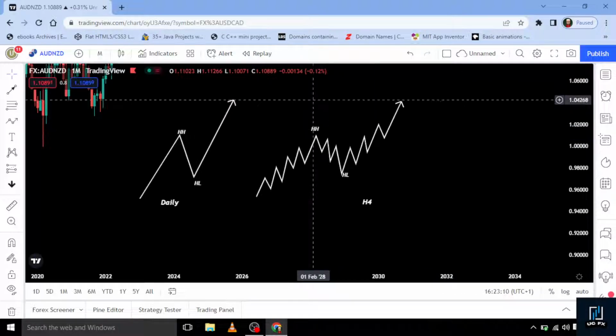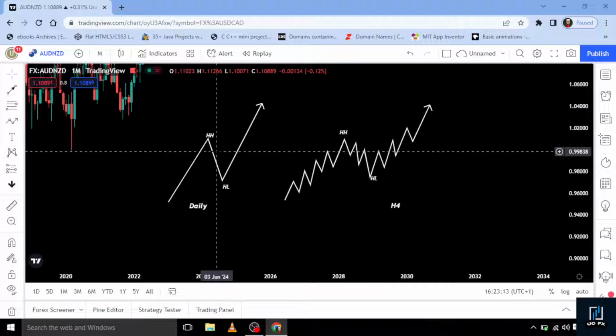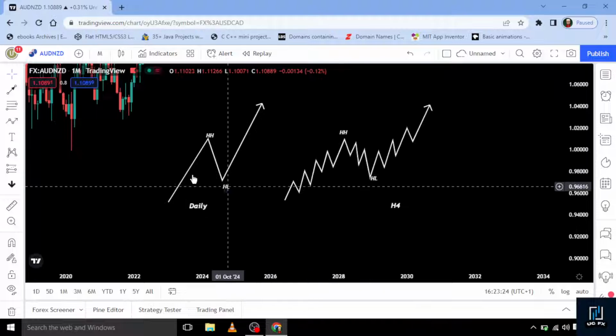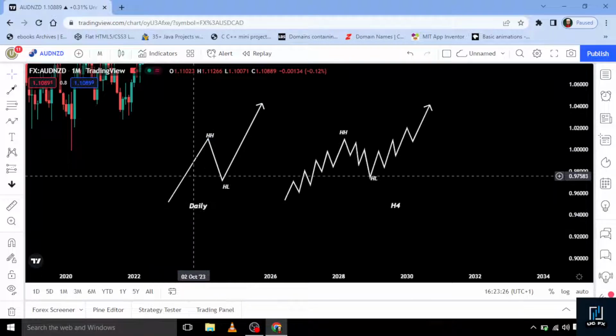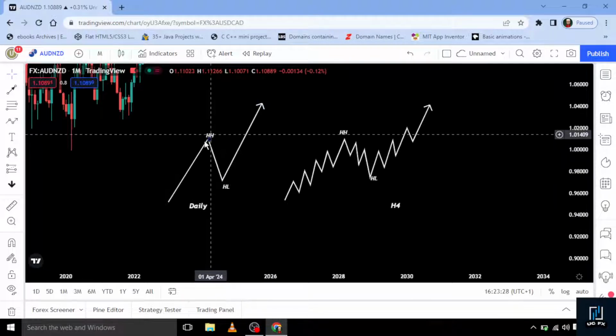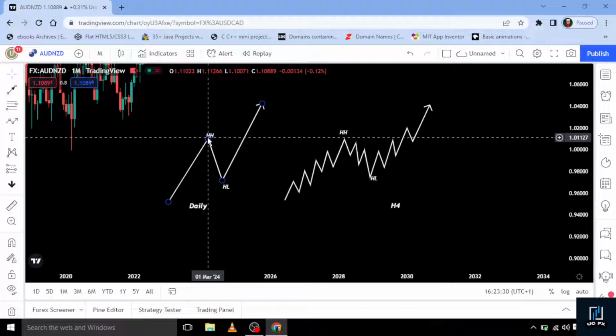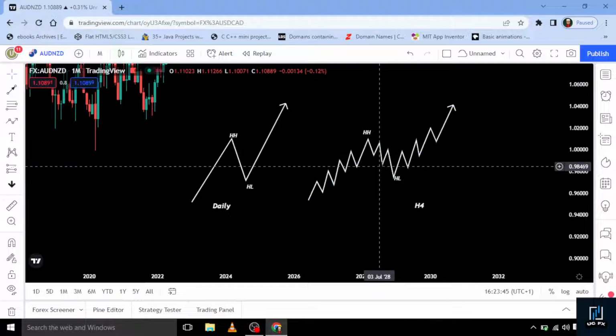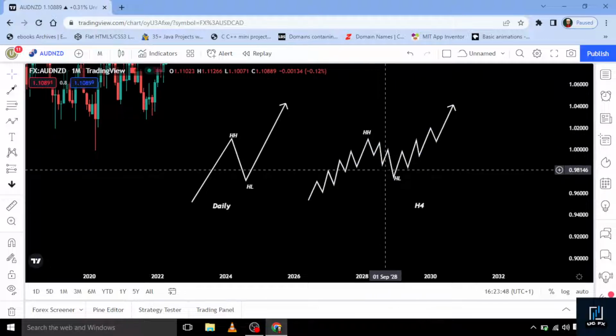So from this sketch, we have this one on our left as a daily chart, and this one resembling our H4 time frame. So when the daily time frame is about to reverse, just like we have an uptrend here, when the market is about to reverse, we will have a short-term bearish trend on the H4 time frame, and even the H1 time frame.